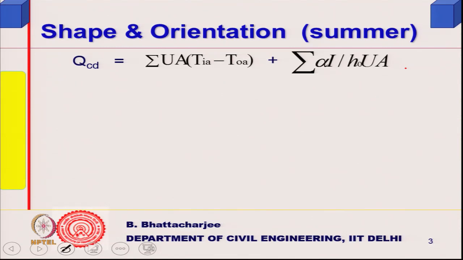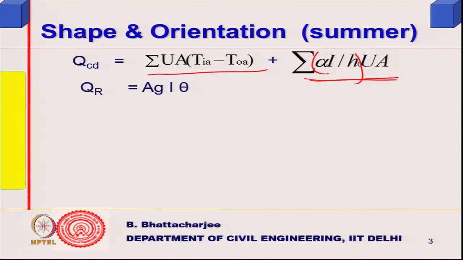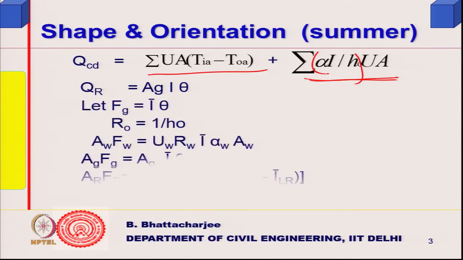Now, if it is summer condition where heat gain is a concern and you want to minimize the heat gain, then this radiation you must take into account. So, Qcd, the conduction gain, is this much: U A times T, and alpha I by H naught, into, it should be a bracket here, otherwise this will create a problem. Then Ag, the area of the glass, times I times theta, the solar gain factor.